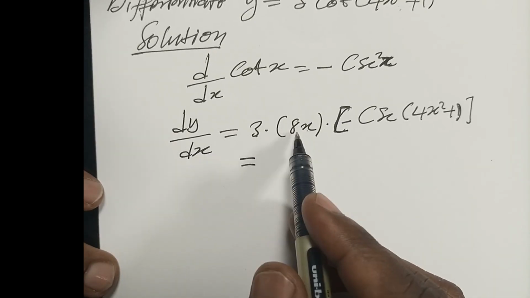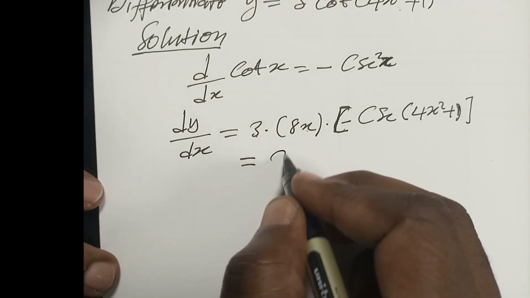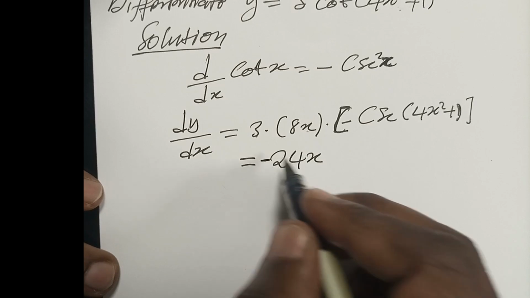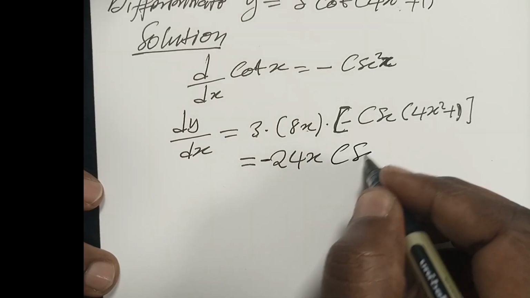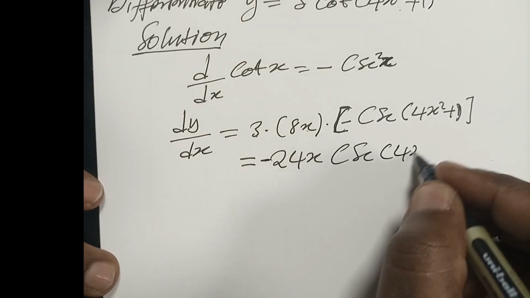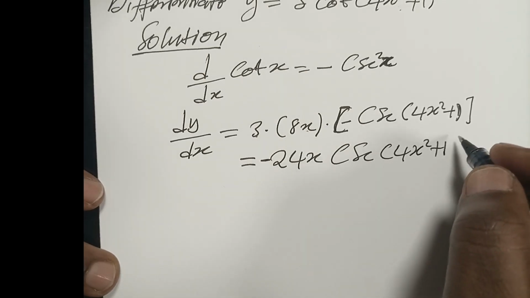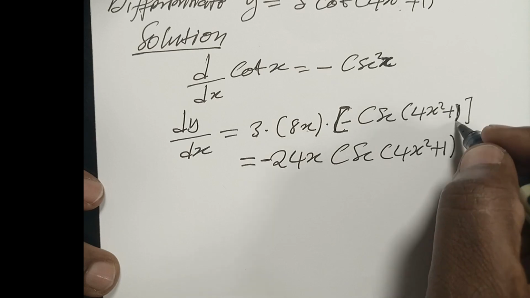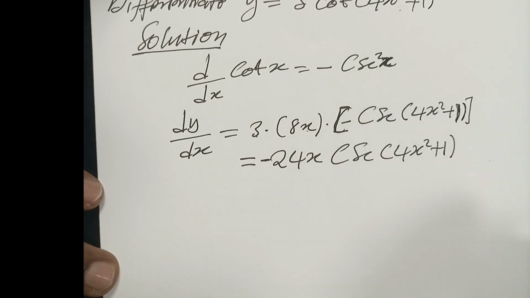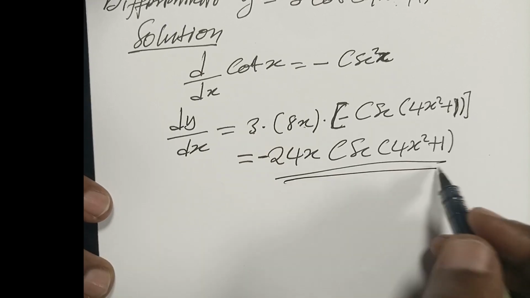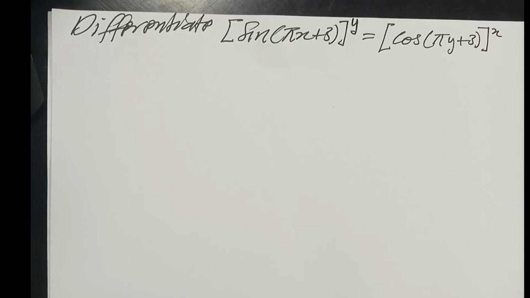So 3 times 8, are we getting 24? 24x times negative cosec squared of 4x squared plus 1. Plus, is it plus 1? Yes, plus 1. So here we're supposed to have a 1, then you close the bracket. So this is the derivative.